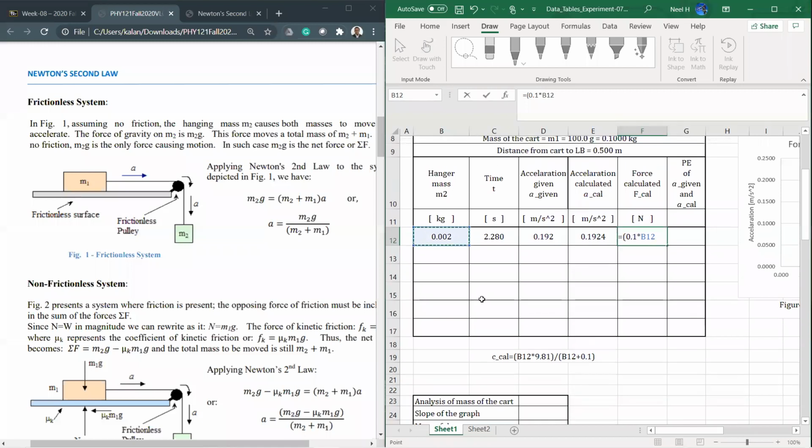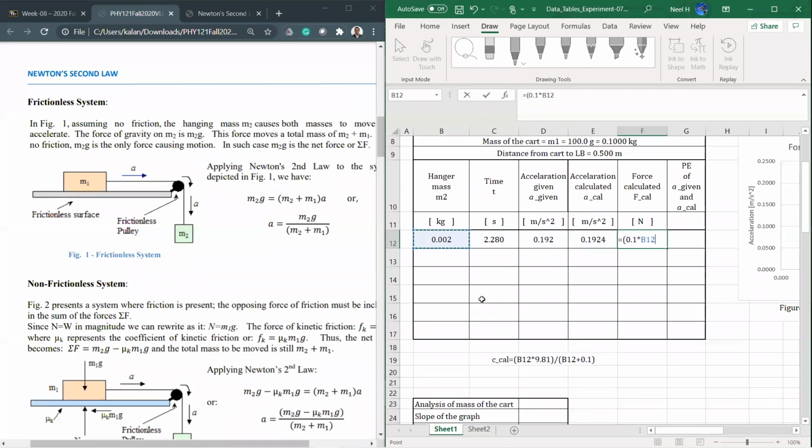Click on this cell value B12 times 9.81, close brackets, divide by open brackets m1, 0.1, plus m2, cell value B12, close brackets, hit enter. So that's the expected force acting on object number 1. This is force calculated.